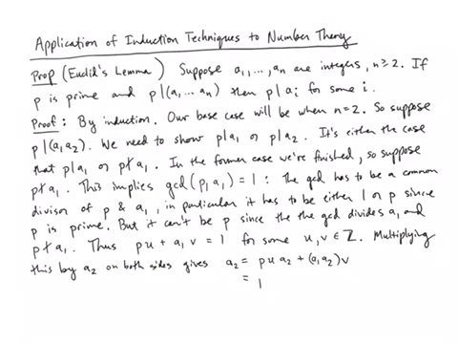So this is p times u times a2 plus p times, let's say, l times v.